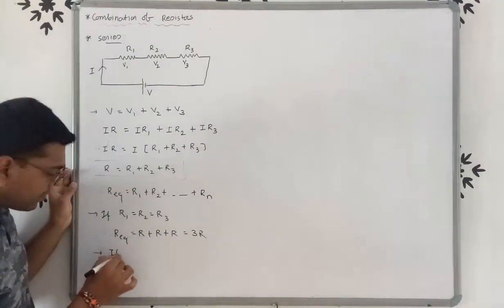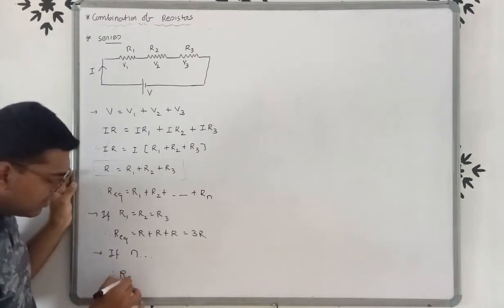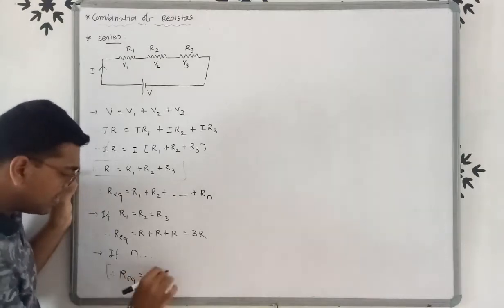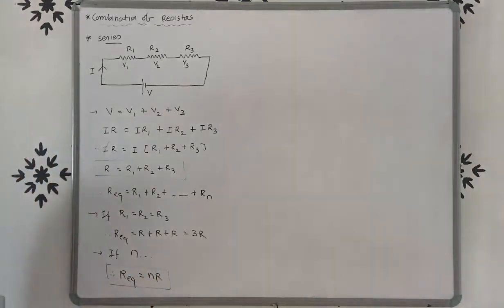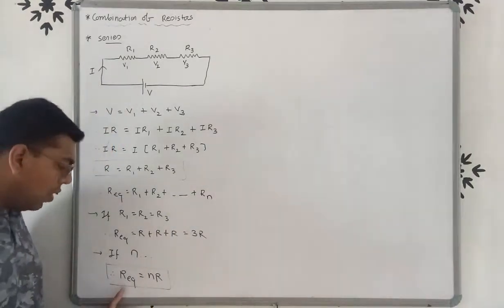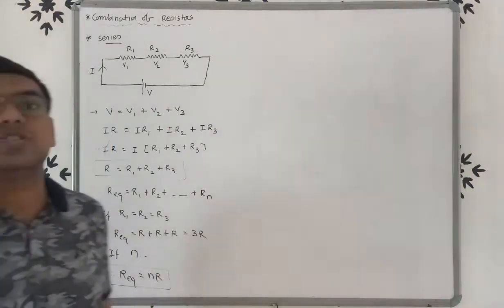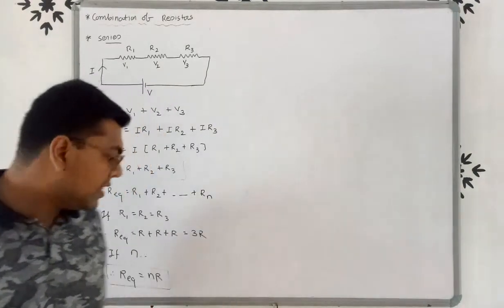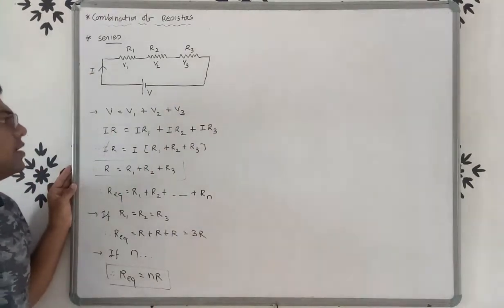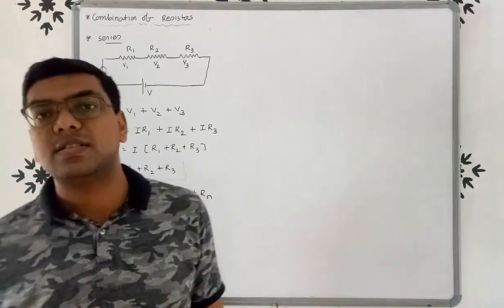If n resistors are there, then R equivalent is nR. In a series combination, the value of equivalent resistance is always higher than the value of each individual resistance.